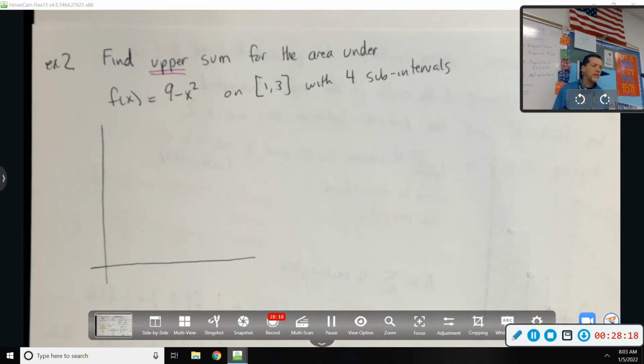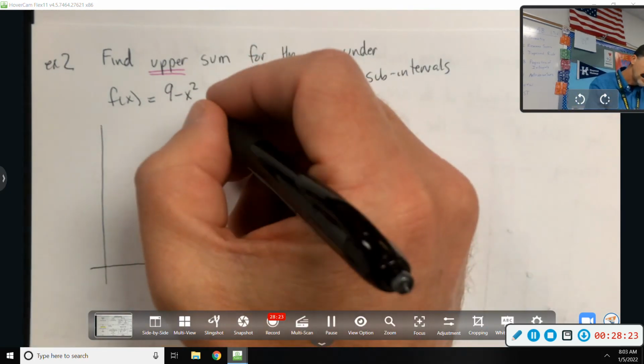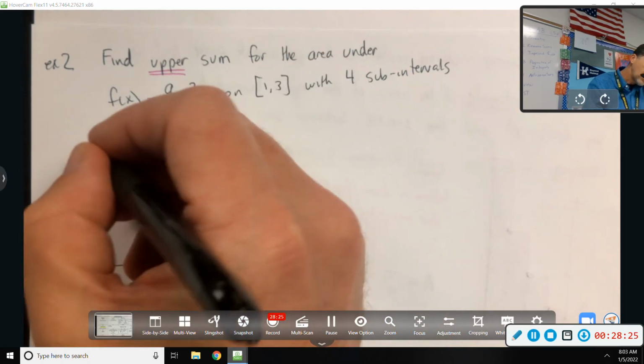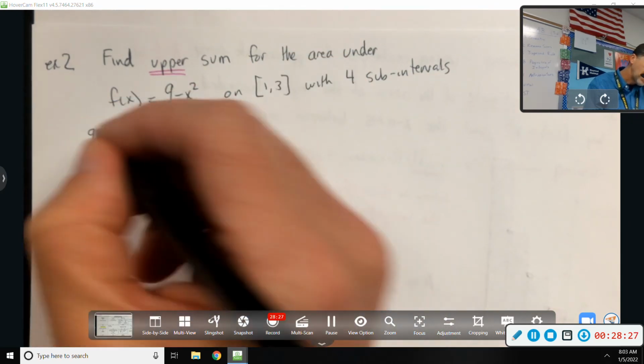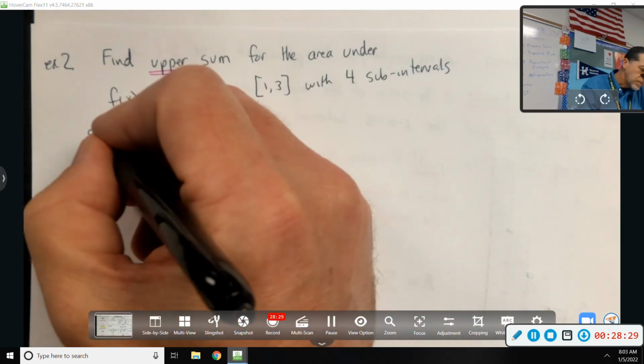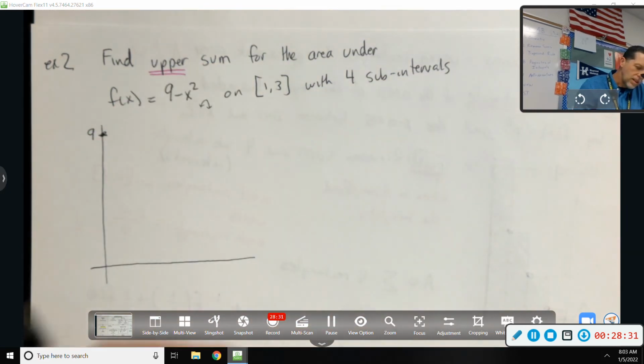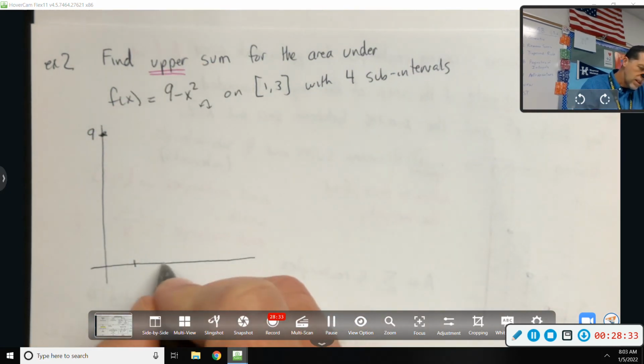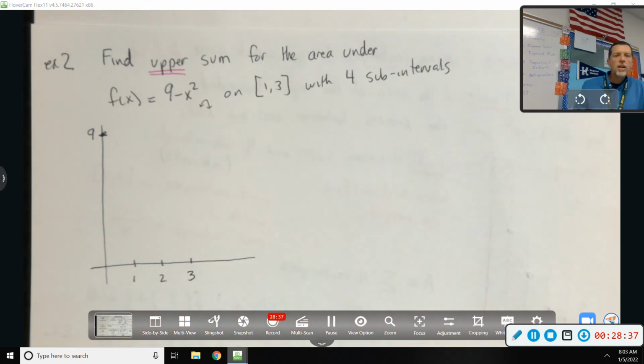Let's see, 9 minus x squared. So that would be an upside down parabola that starts up at 9. I guess just plot some points here.